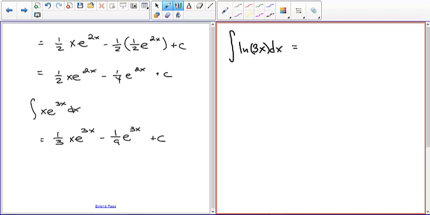That would be the normal way. Ultimately, the previous problem was the natural log of x. What you're saying is you actually don't have to use u substitution.